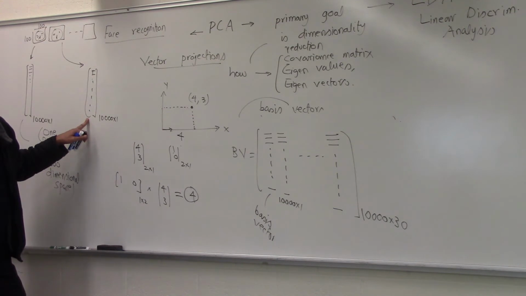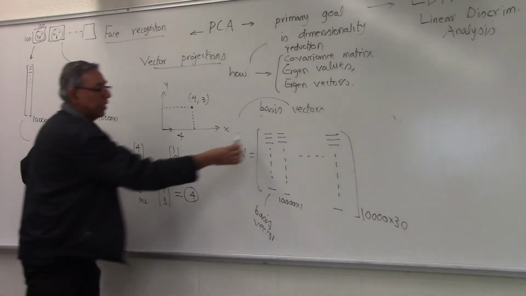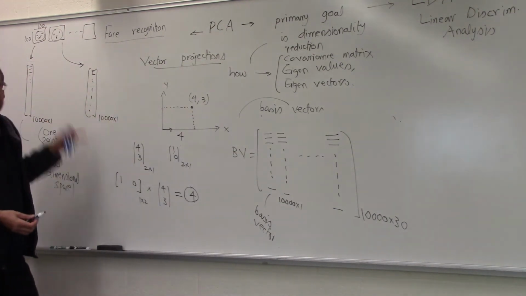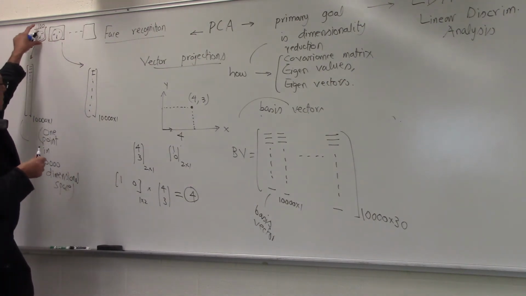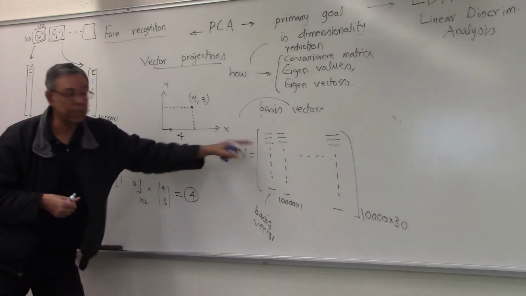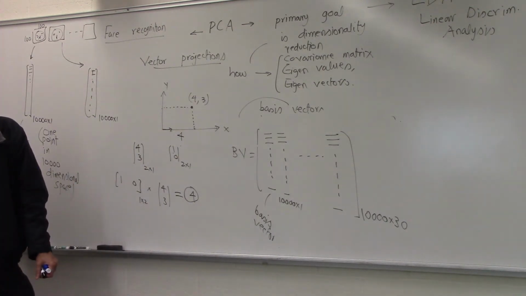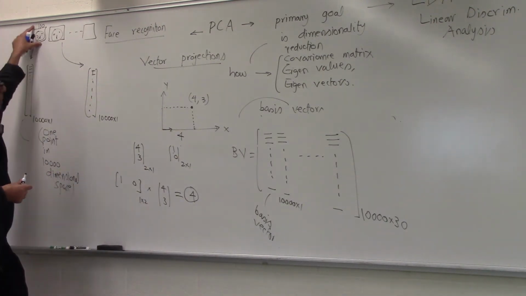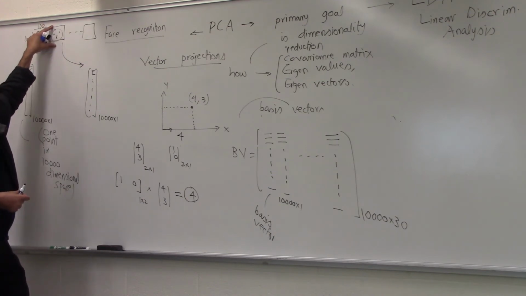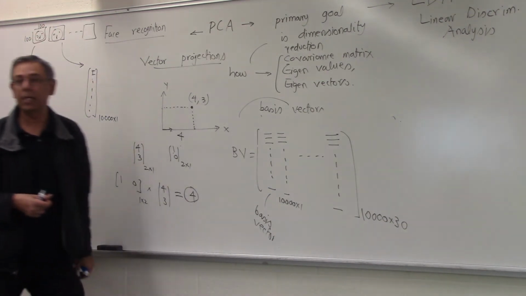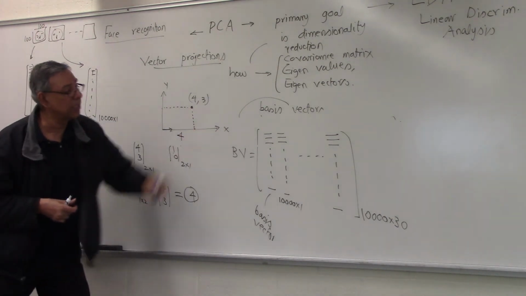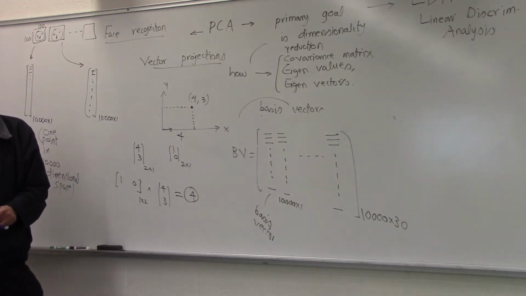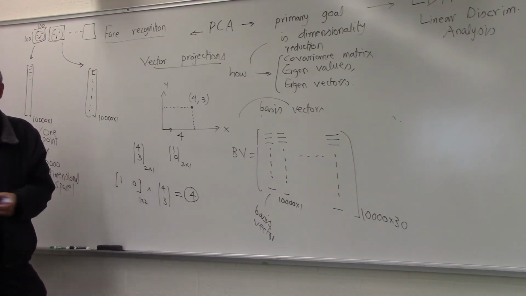Just one number, because I'll do a transpose of this, multiply by this, and I'll get that number, which tells me the component of this in this particular direction. What if I wanted to know the component of this on these 30 dimensions? How many numbers should there be? 30, because there are 30 basis vectors.